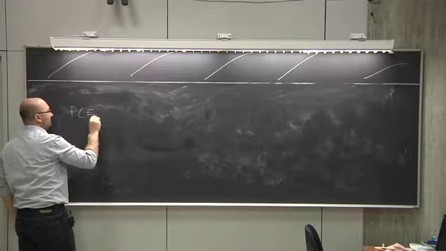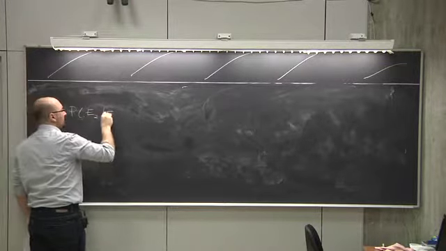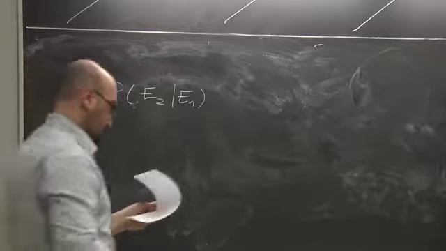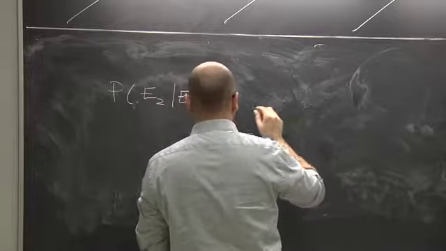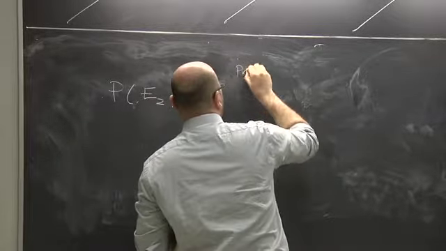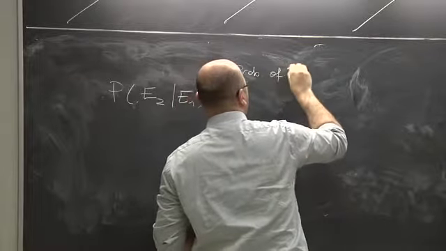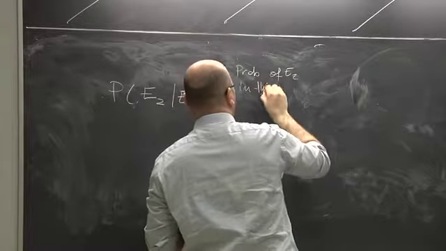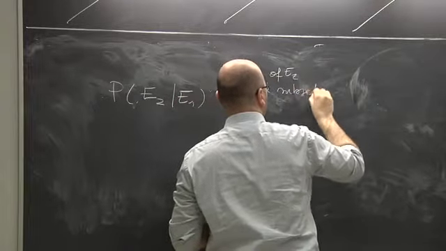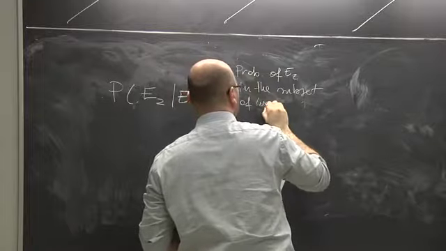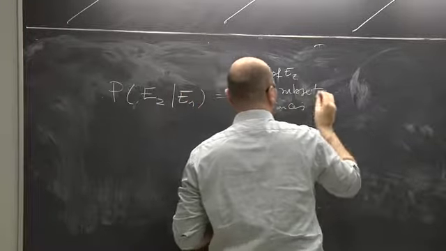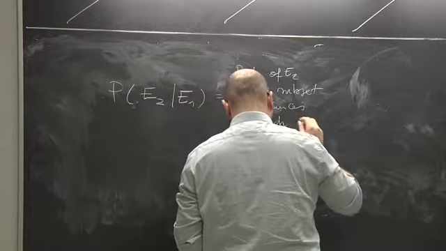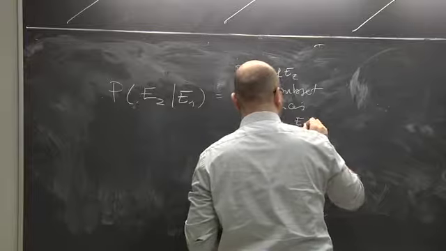The probability of an event E2 given that an event E1 has happened is the probability of E2 in the subset of instances in which E1 happens.